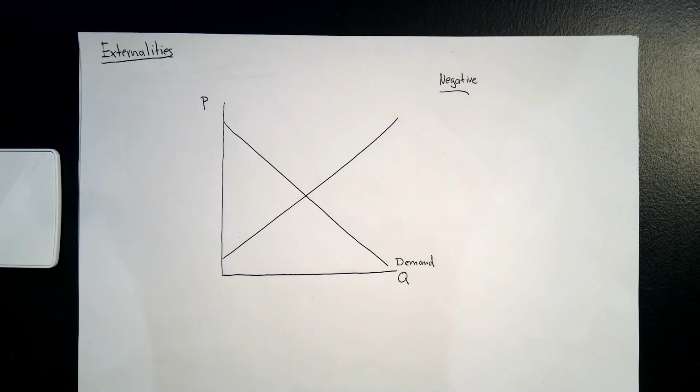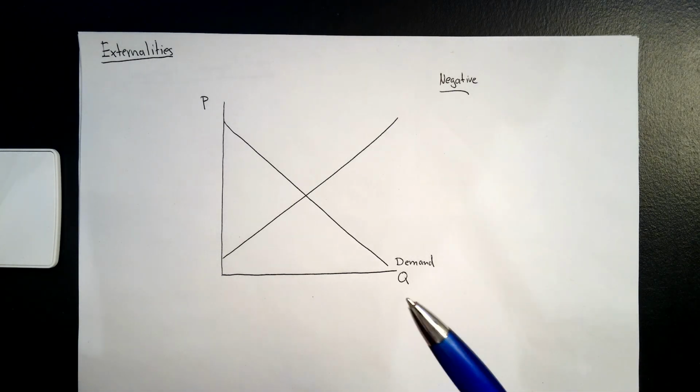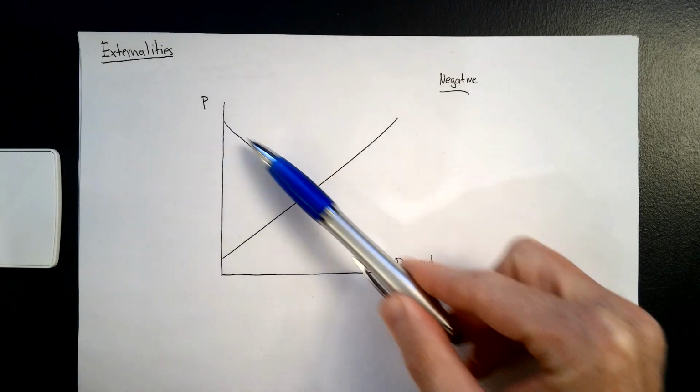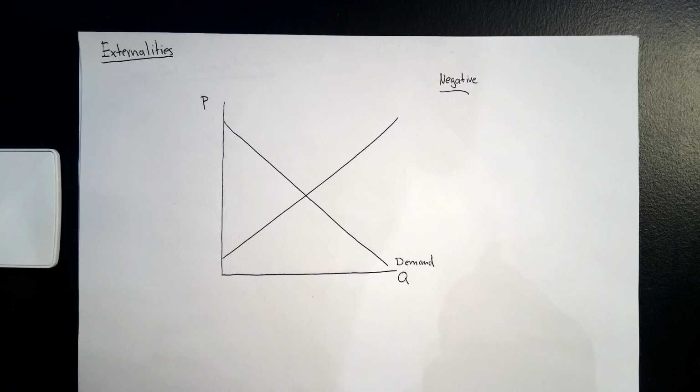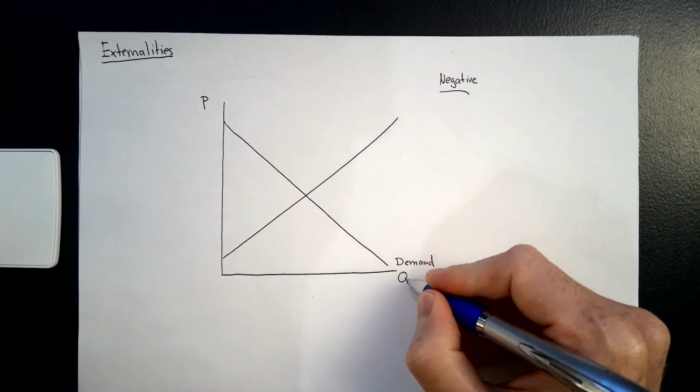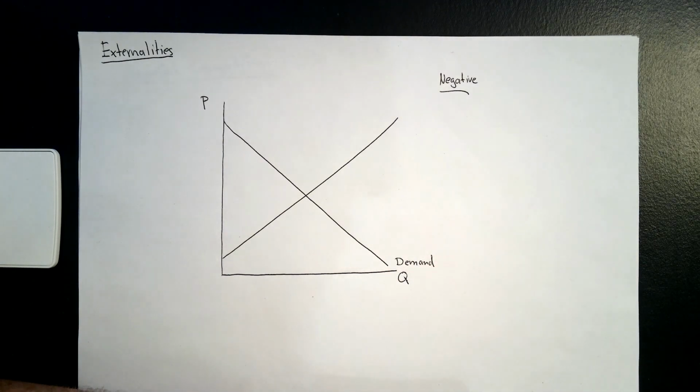Let us talk about negative externalities. Here again, you have the graph which we have seen before in this lecture, where you have the demand function, you have the price on the vertical axis, and the quantity on the horizontal axis.